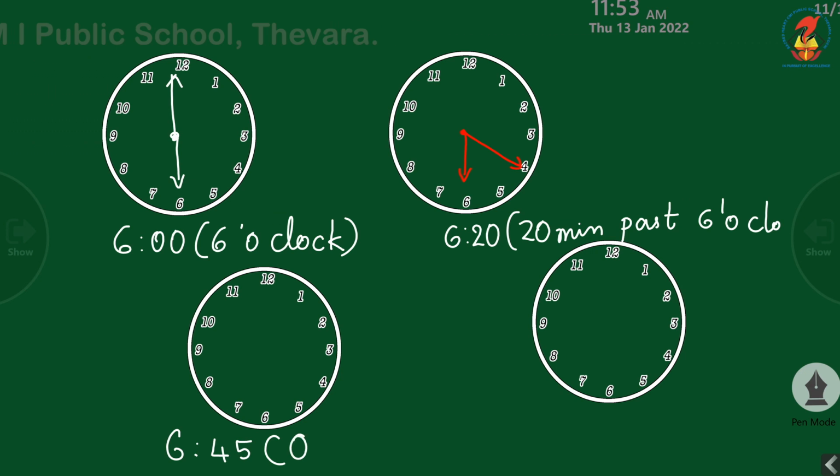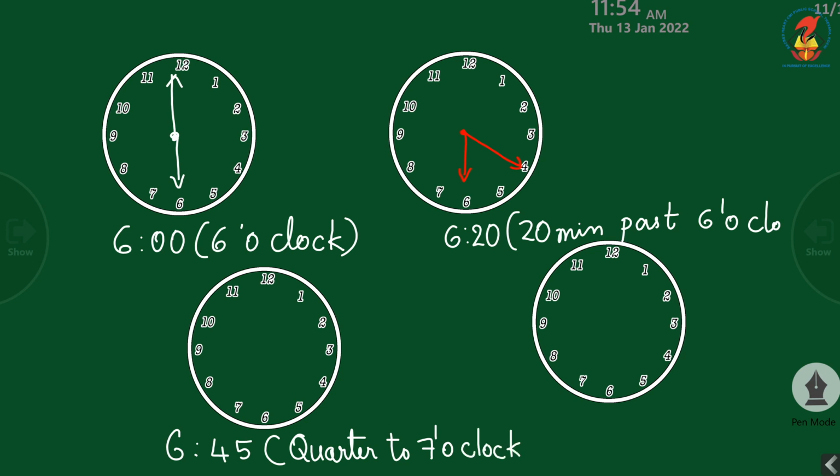So it's quarter to 7 o'clock. To draw it, the hour hand is between 6 and 7, near to 7, because the hour hand is reaching the next hour.